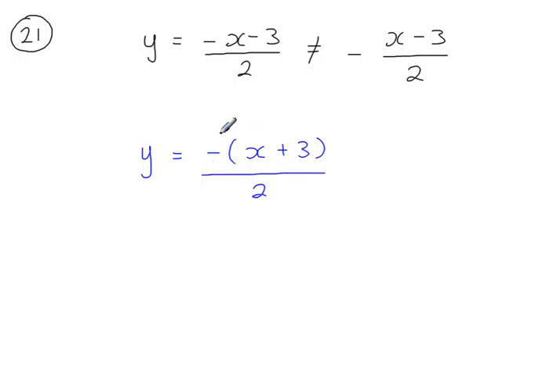And if you want to check, it's like a minus 1 there, times the x will give you the minus x, and a minus 1 here times 3 will give you minus 3. So that's correct so far, that's good. And that minus now we can put at the front like this. So you've got minus that fraction. This is correct, that's wrong.